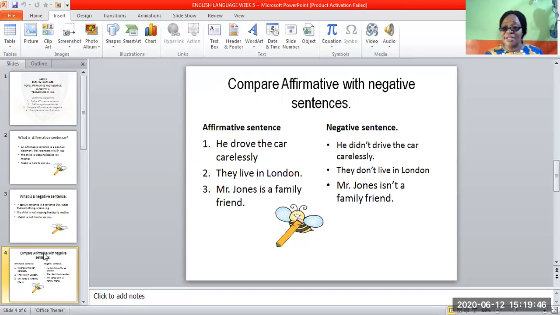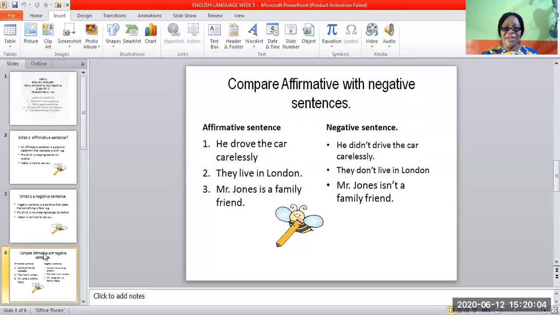They live in London, affirmative. Negative: they don't live in London, or they do not live in London.